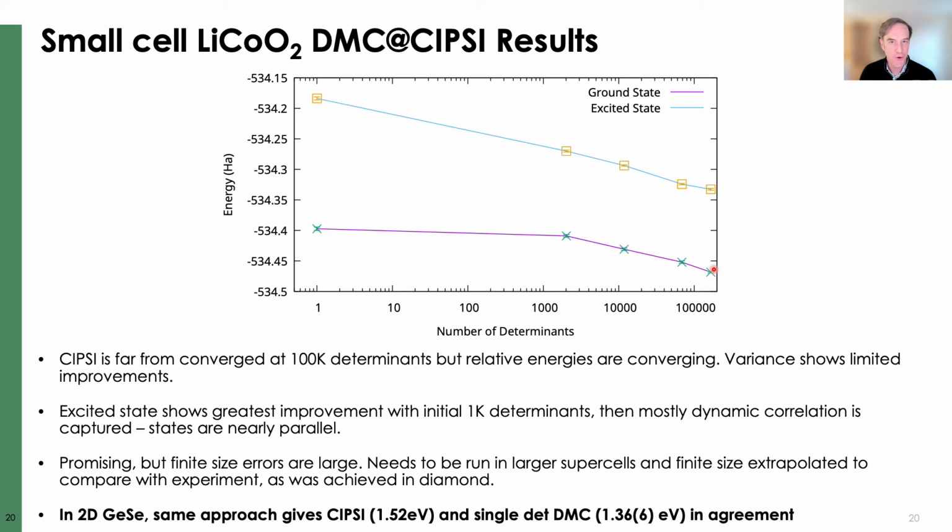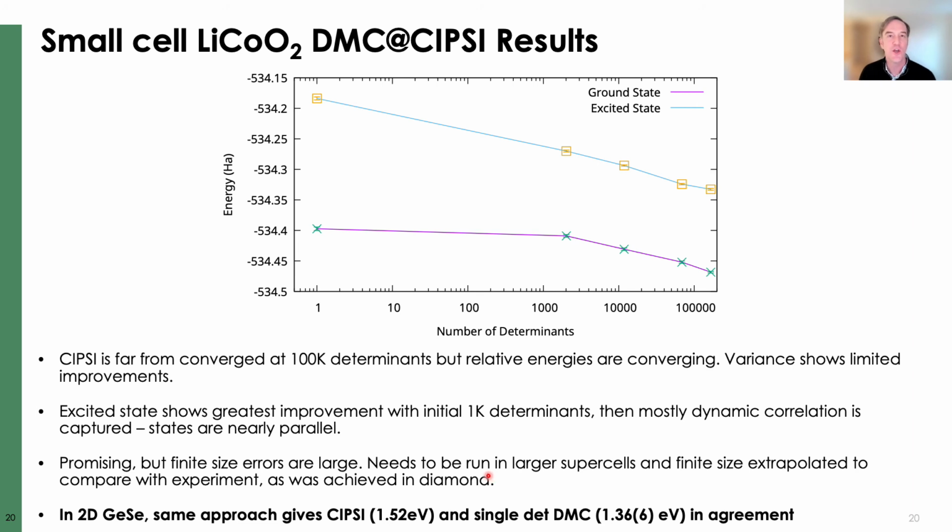And then also, this sort of shift in energy that we're getting through this procedure is about the right amount that we would like to see to get closer to experiment. So this is very encouraging, but clearly these are not in large enough cells already, and we need to be able to do the finite size extrapolation, much as we did in carbon diamond.